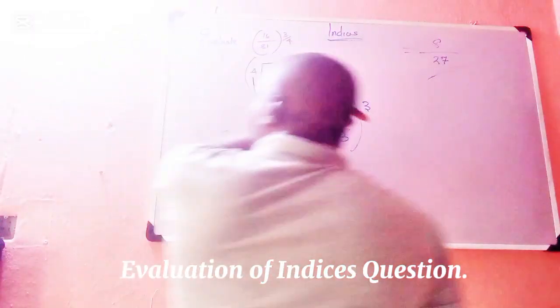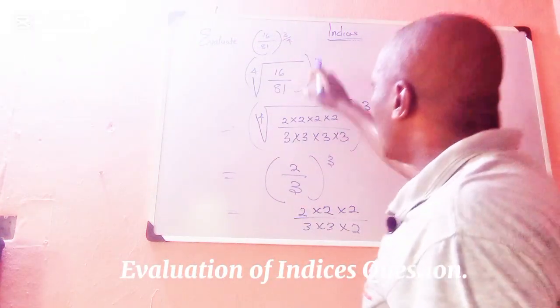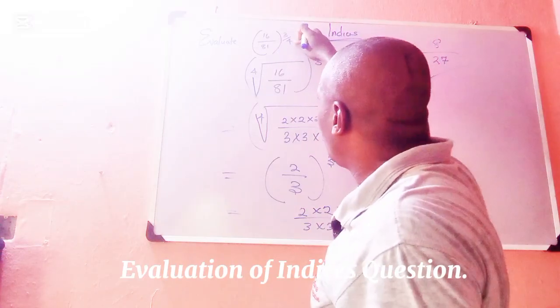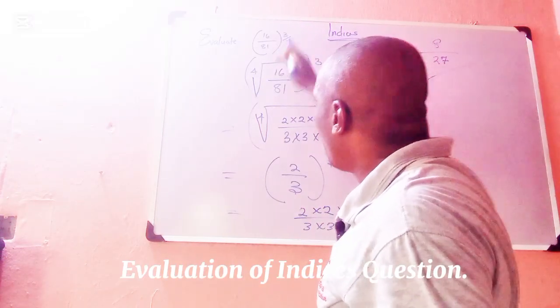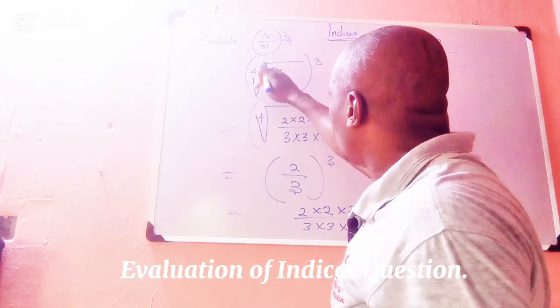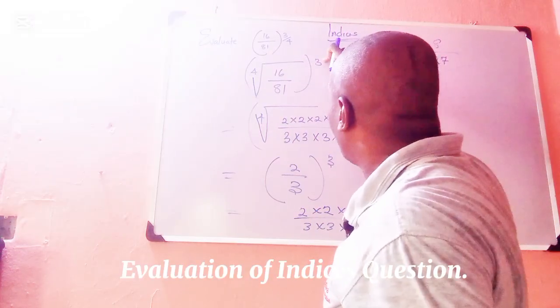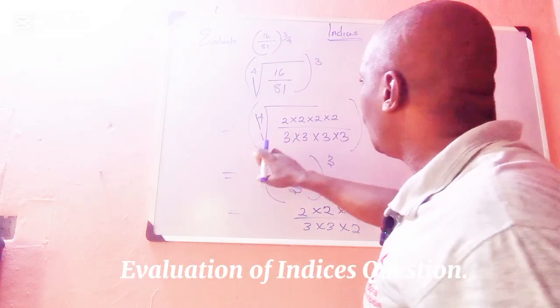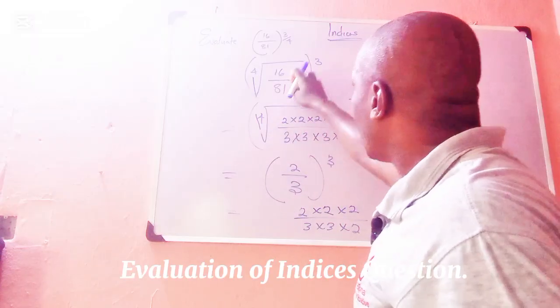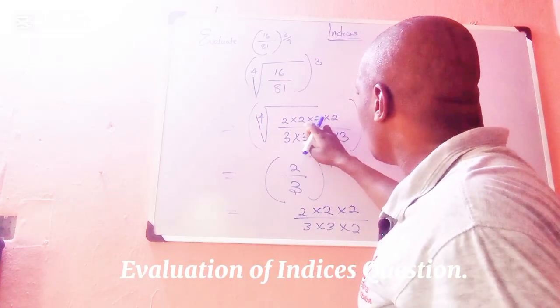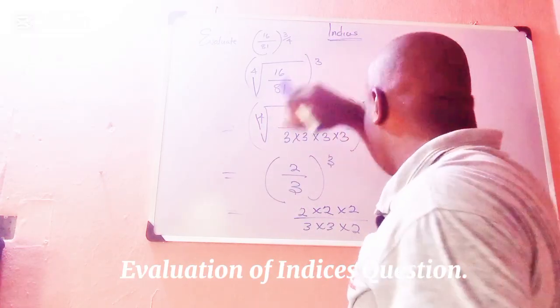So what we have been looking at is an indices question which evaluates 16 over 81 raised to the power of 3 over 4. When we take the fourth root of this figure, we have the fourth root of 16 over 81, raised to the power of 3. The fourth root of 16 is 2 times 2 times 2 times 2, which gives us 16.